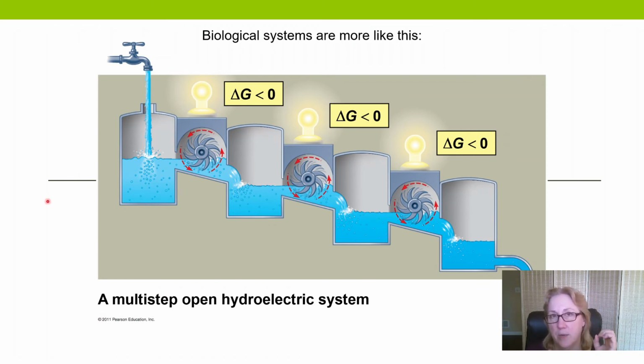So when we get to the respiration chapter, we will talk about how our cells take glucose, which has many bonds in it that store potential energy, and break those bonds one by one until we end up with carbon dioxide at the end. And at each step, energy is harvested and stored in ATP.